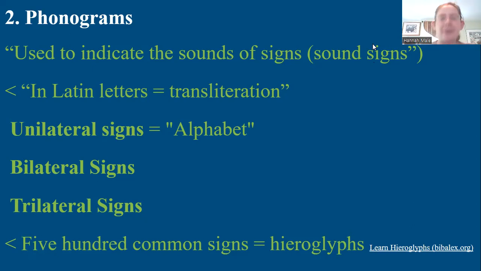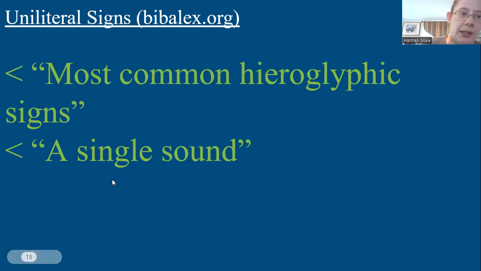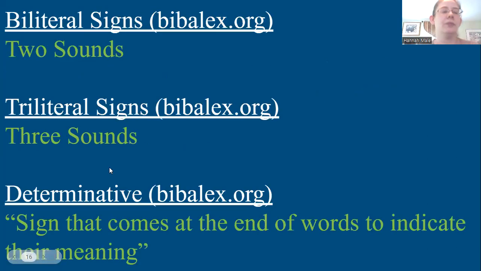And there's about 500-ish common signs. Unilateral signs are the most common hieroglyphic signs, and they're the one sound. And then the bilateral 2, and then the trilateral 3.